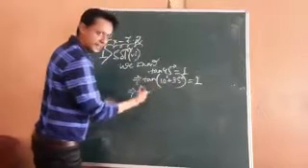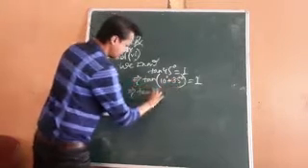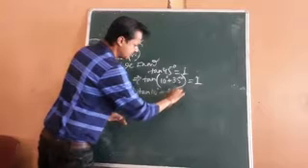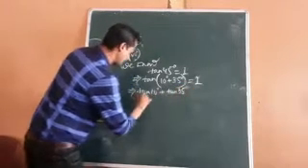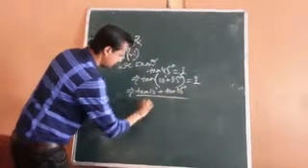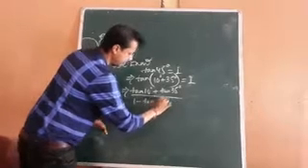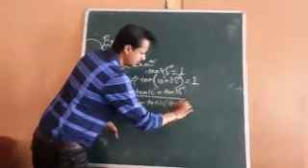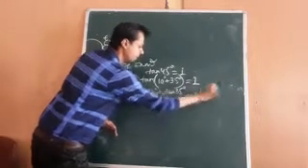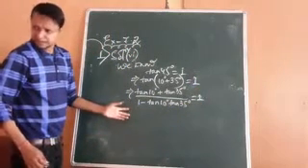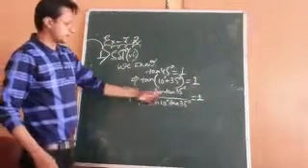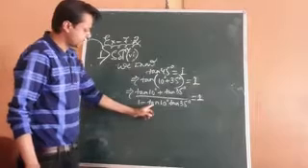tan(a+b) is (tan a + tan b) / (1 - tan a tan b). So (tan a + tan b) / (1 - tan a tan b) equals 1. I have written the formula (tan a + tan b) / (1 - tan a tan b).